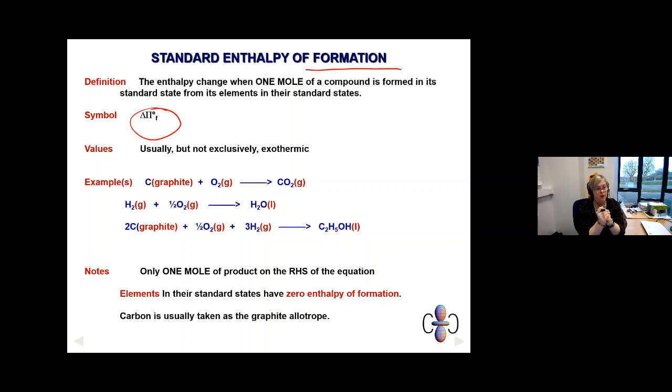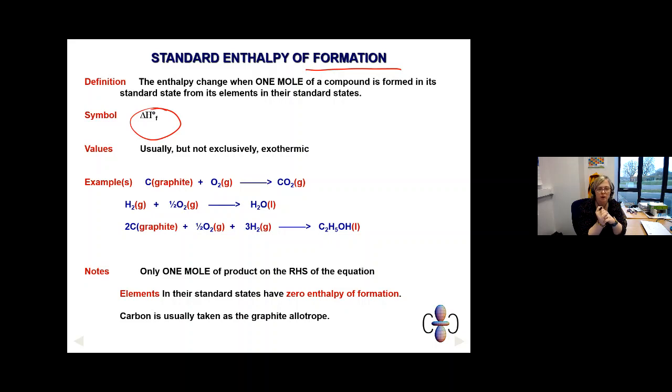You can then combine these, so you can take carbon and oxygen and hydrogen and combine them to make ethanol. As long as you have the atoms that are required to form the compound at the end, you're able to calculate that using standard enthalpy of formation as a basis of your calculation.